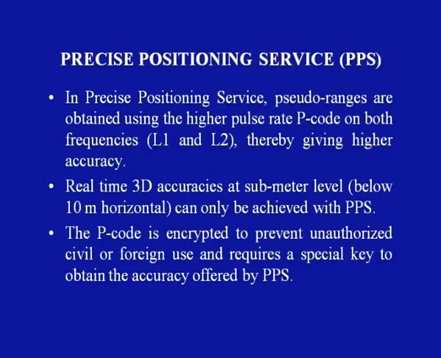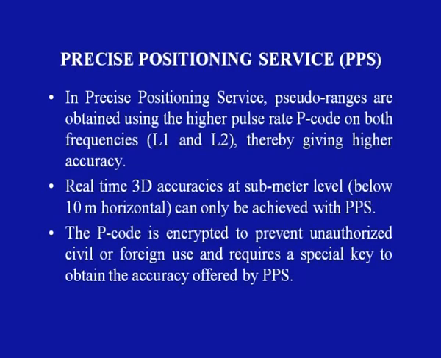The second type of positioning system is the precise positioning service, in short known as PPS. In precise positioning service, pseudo ranges are obtained using high pulse rate P code on both frequencies L1 and L2, thereby giving higher accuracy.